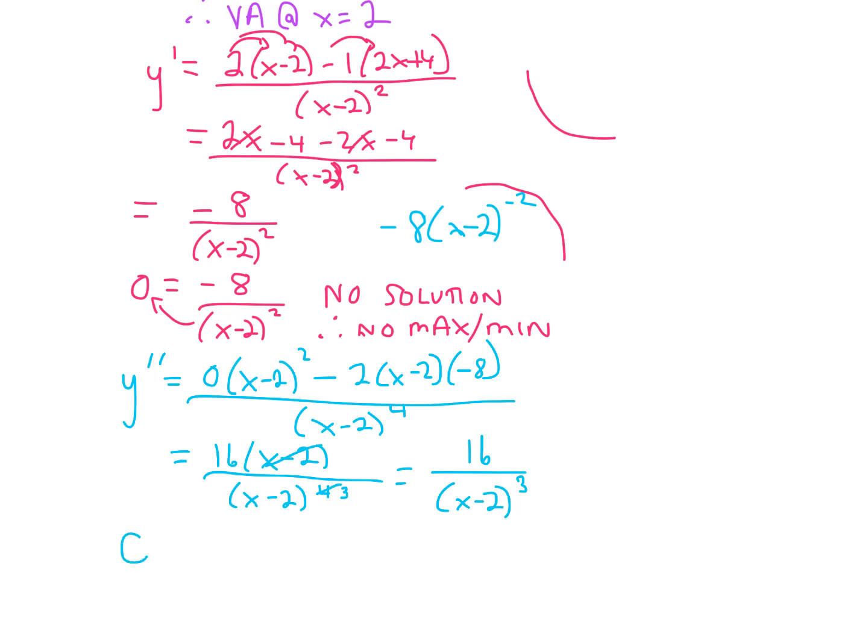Now if I set my second derivative equal to 0, that's going to tell me if I have any points of inflection in this curve where the curve is changing from concave up to concave down or vice versa. Again, when I multiply the bracket by 0, I end up with 0 equals 16. And so there's no solution again in our second derivative. And so there is no point of inflection, POI for short.